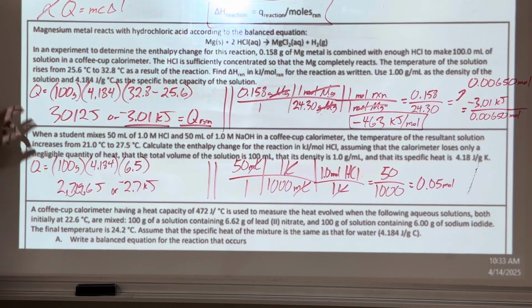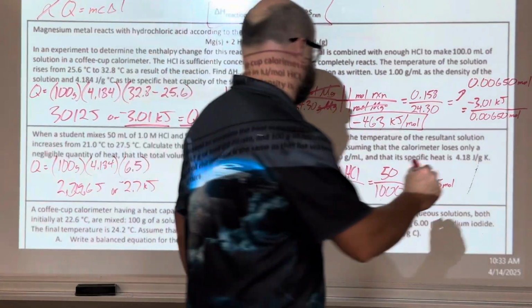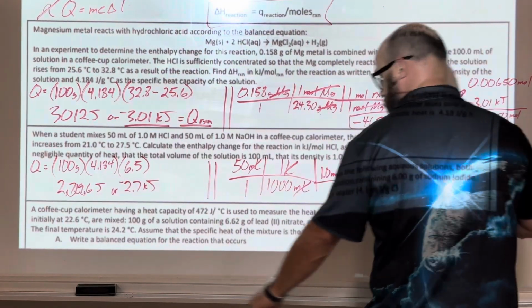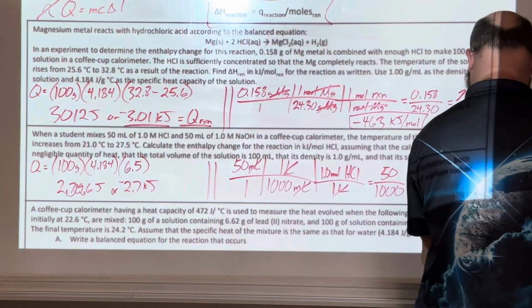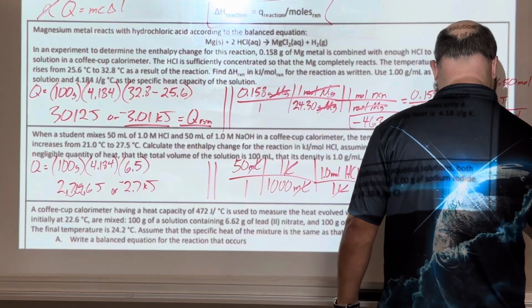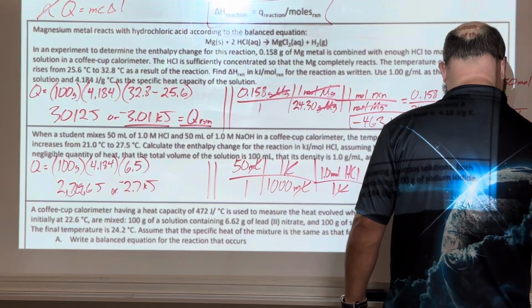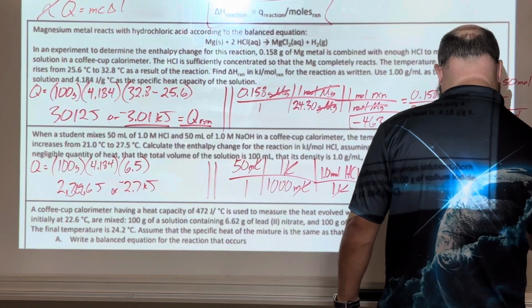And then last but not least, take your kilojoules, negative 2.7, divided by your moles.